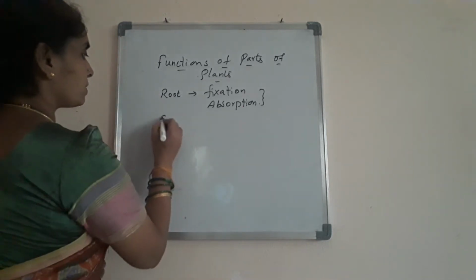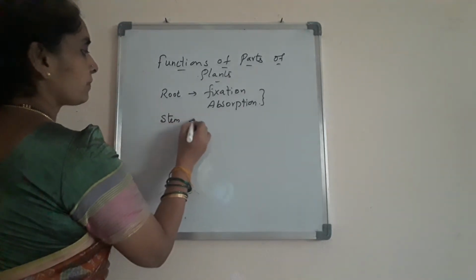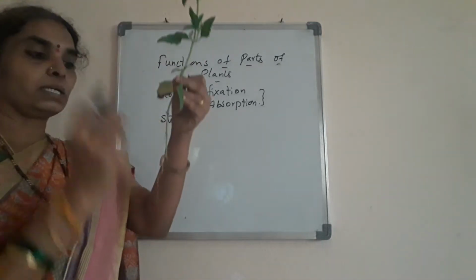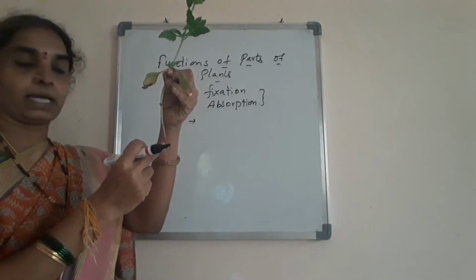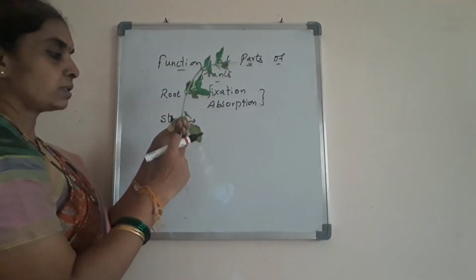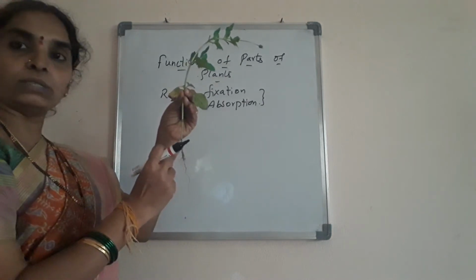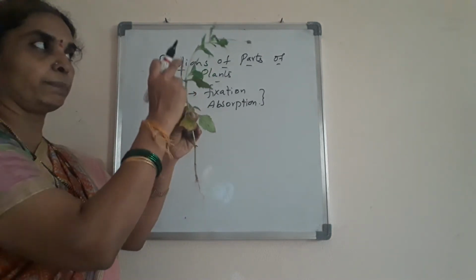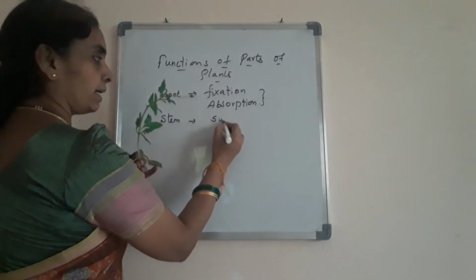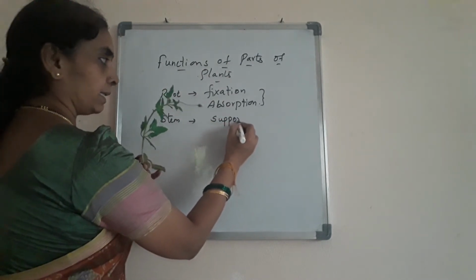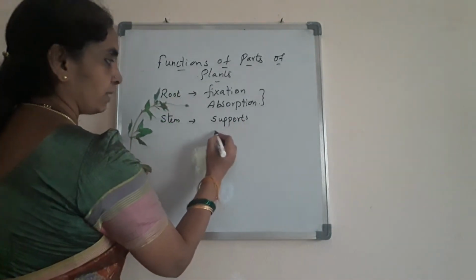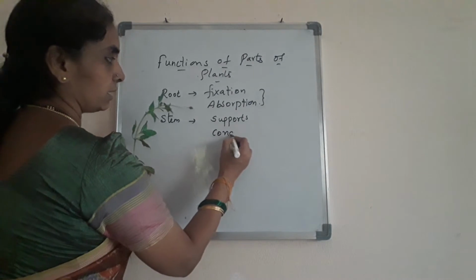And next coming to the stem. The root, you know, is normally below the soil and the stem is above the soil, isn't it? So the water that is absorbed by the root is conducted by the stem to different parts of the plant. It bears all the parts of the plant, so it gives support to all the other parts of the plant and also conduction.